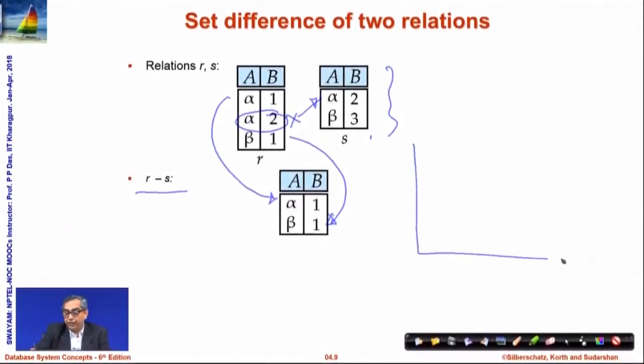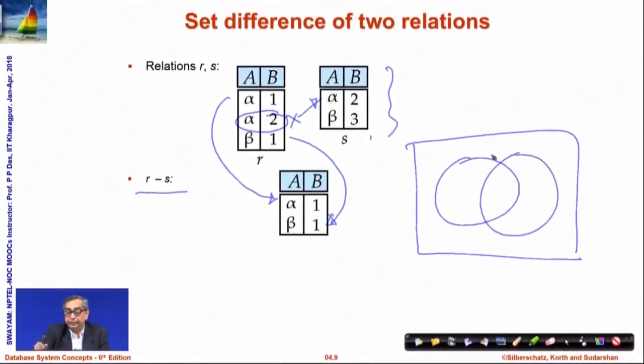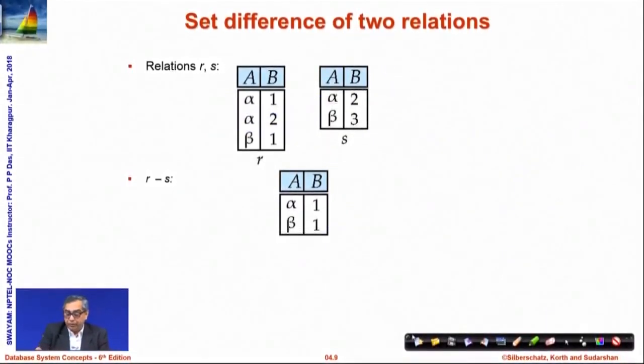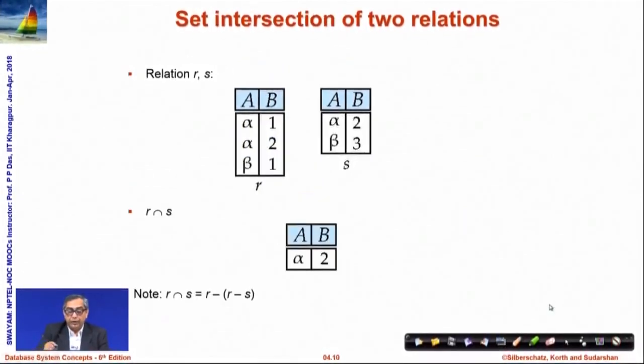So, just to recap, if I look into the Venn diagram, then this is the set R minus S, which belongs to R, but does not belong to S. So, this is the fourth operation that one can do with relational algebra.